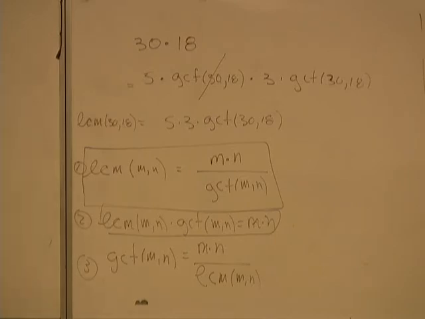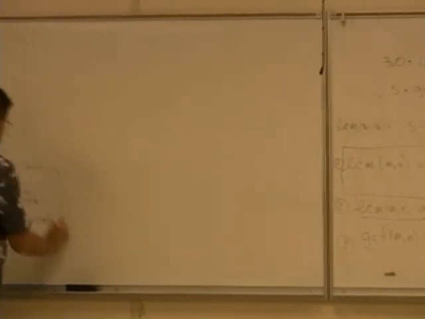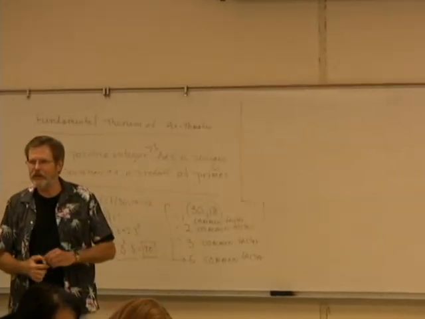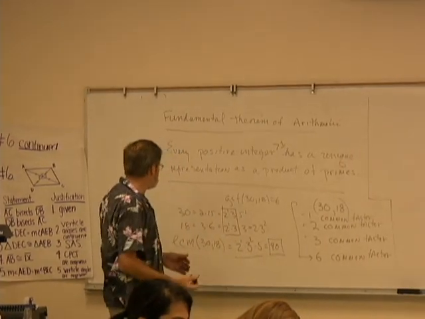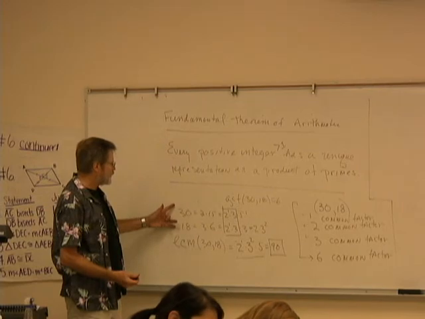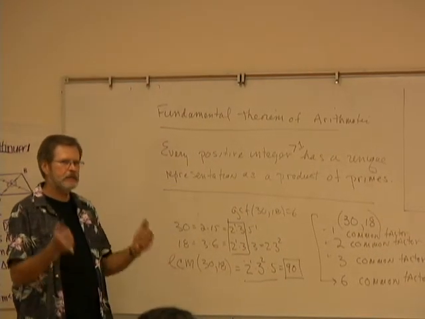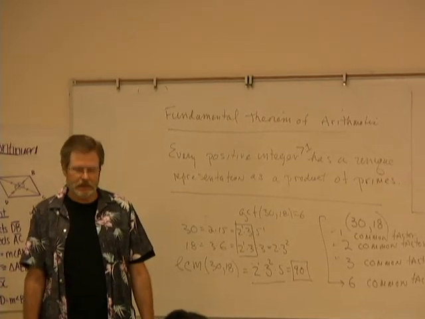So you're probably asking yourself, how do you go about finding the greatest common factor? You can see that it's very useful in figuring out what the least common multiple is. One way to do it is to find a prime factorization, but that can be a tricky business.